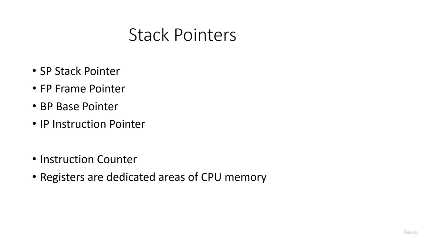For this reason, the instruction pointer is also called the program counter. All of those pointers are actually specialized areas of CPU memory known as registers, all dedicated to a specific purpose and all vital for the operation of the CPU itself.